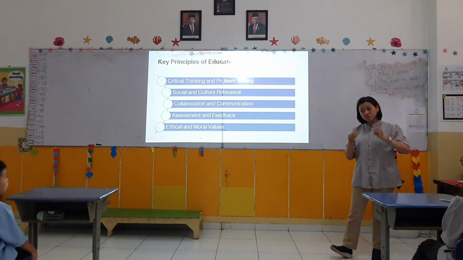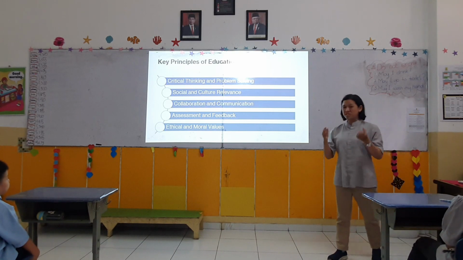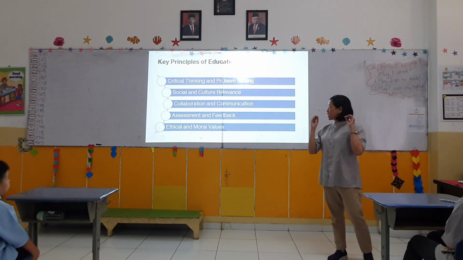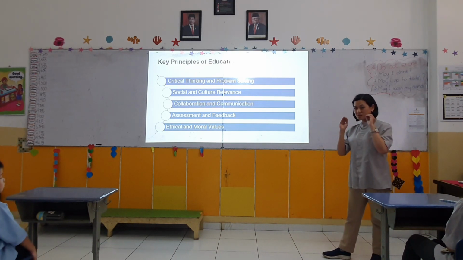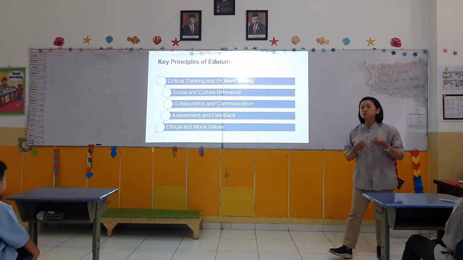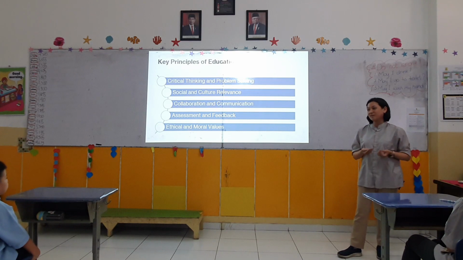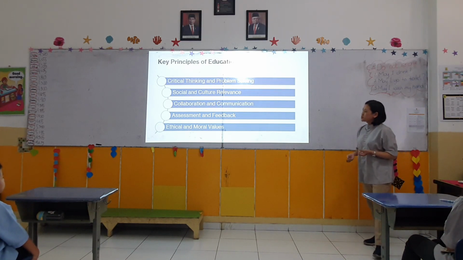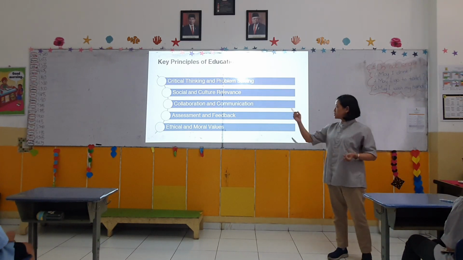So we have to teach our students how to see things critically, to have critical thinking on matters of life, and also to be able to solve the problems they face. Okay? Social cultural relevance. Yeah.